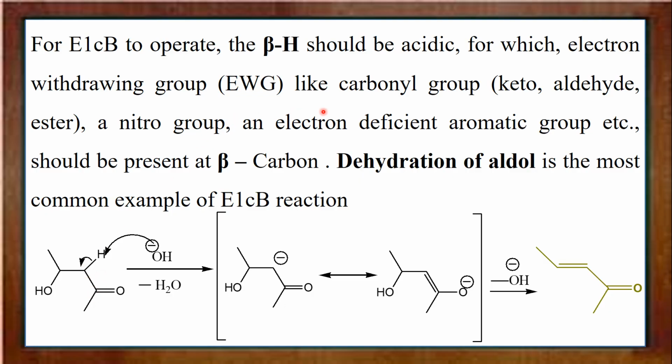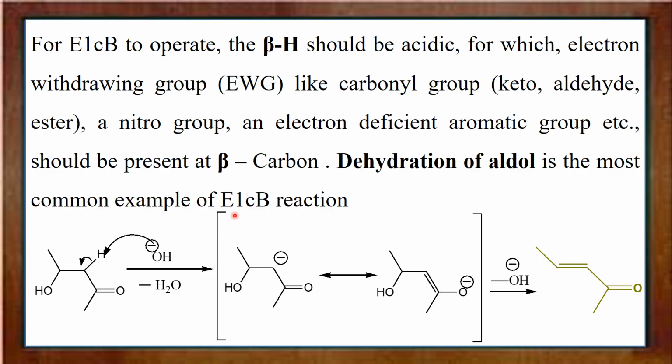Electron withdrawing groups like the carbonyl group in an aldehyde, ketone or ester, or a nitro group, or an electron deficient aromatic group may be present at the beta carbon to stabilize the carbanion intermediate.